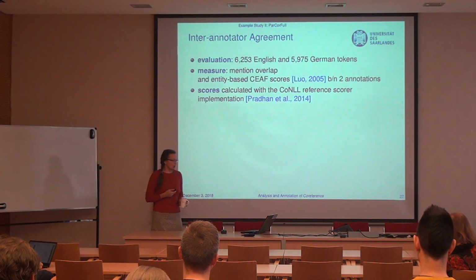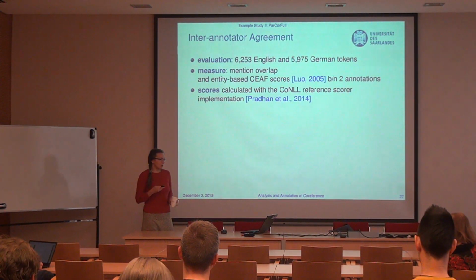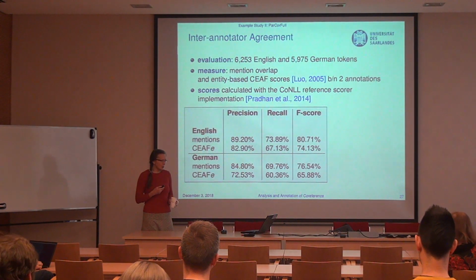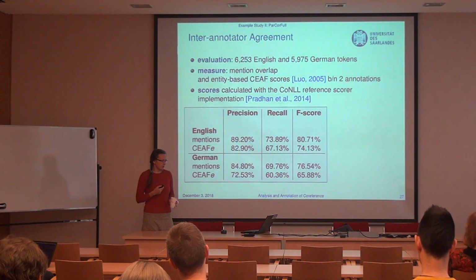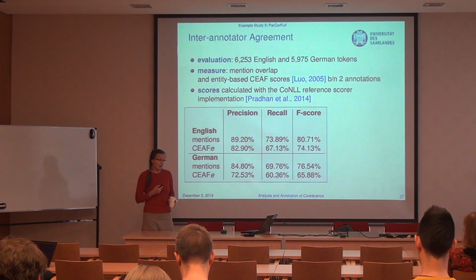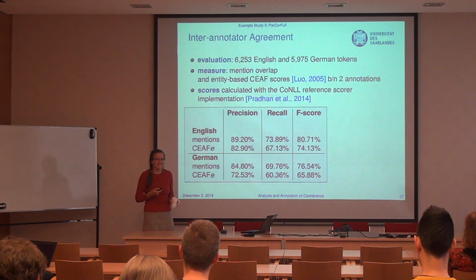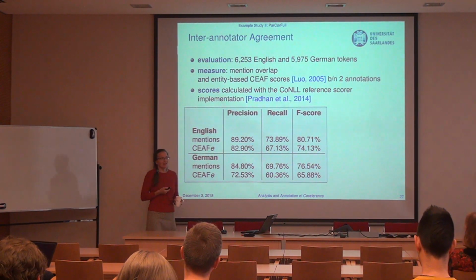So we used the mention overlap and entity-based scores between two annotations. What we found out is that in the annotation of English texts, annotators agreed better than in the annotation of German texts.